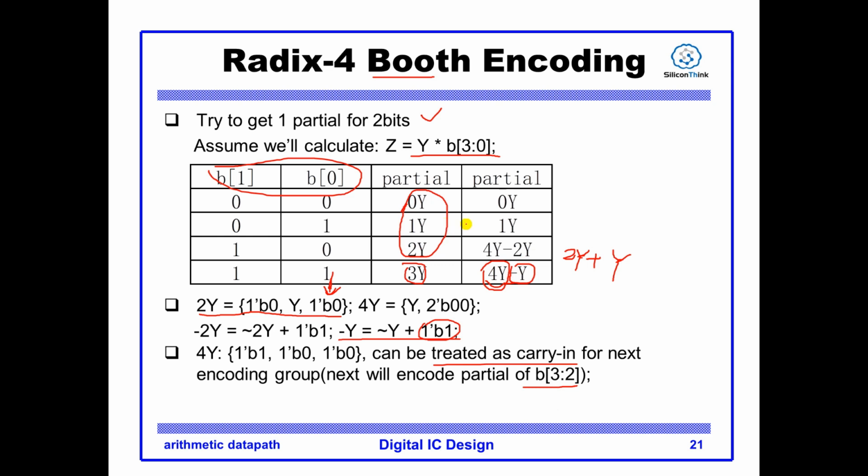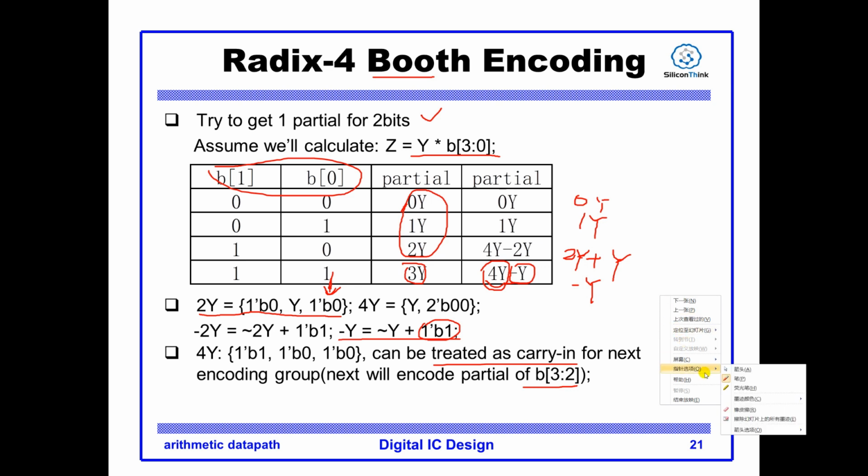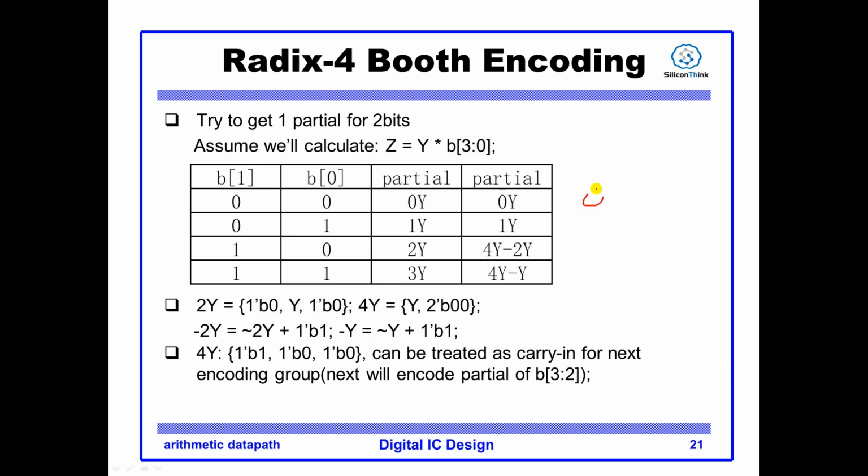So for the last 2 bits, we just need 0 y here, y here, and we just need 0 here, and for this encoding to be uniform, we change the 2 times y to this format.